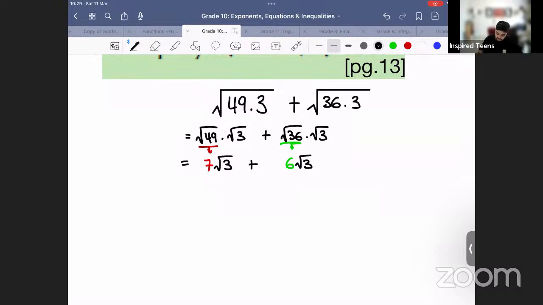Okay, now we have like terms, right? Surds, you can treat them like variables. So we have 7 plus 6 root 3. This simplifies to 13 root 3. Cool. Hope that makes sense. Simplifying surds.